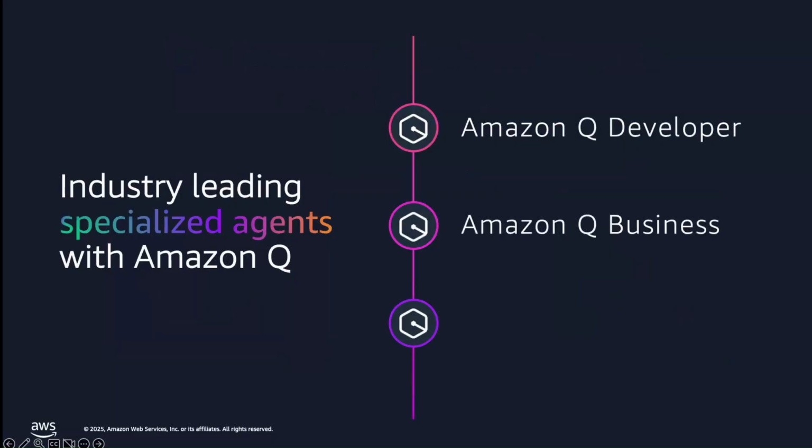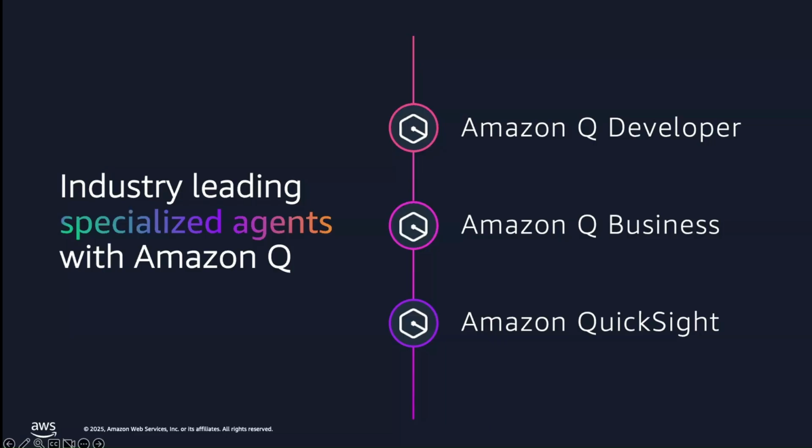So starting with the specialized agents, for enterprise customers, including business professionals and developers, AWS delivers industry-leading specialized agents within our set of services, like Amazon Q Developer. This is where you can improve your developer productivity. It has been a couple of years that we have been using tools to help us write code.